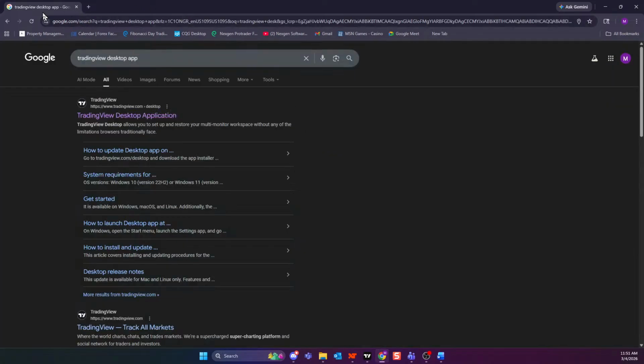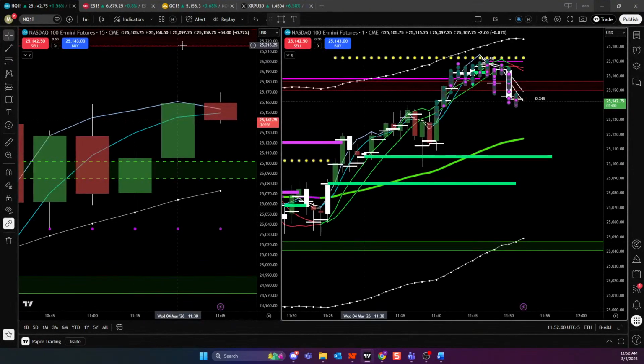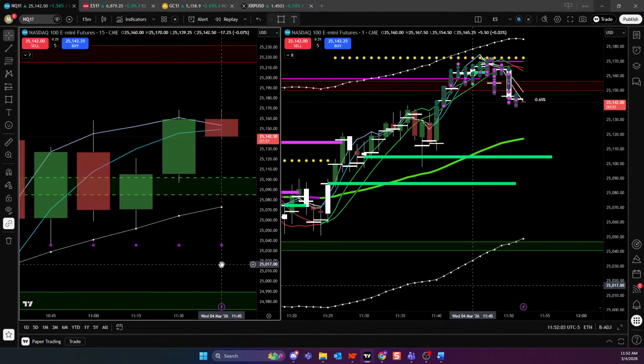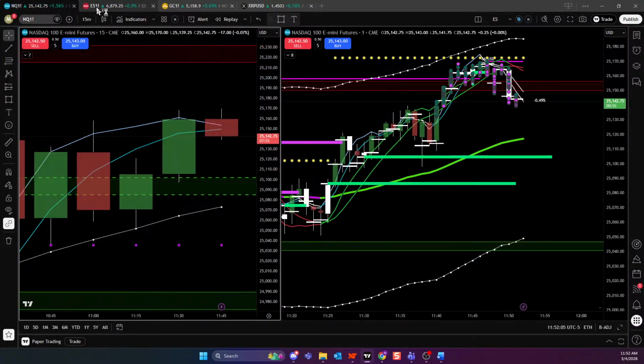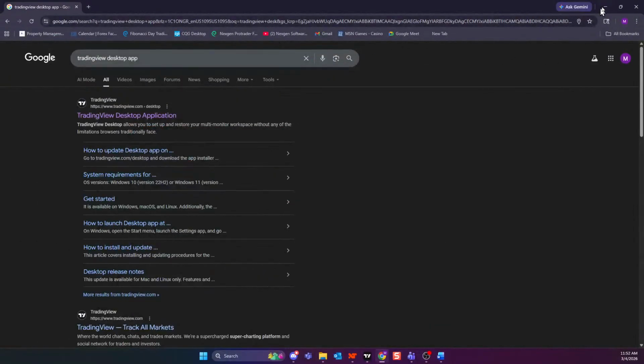So if you are, you won't see browser tabs. It'll look like this. So if you want to add a chart, all you have to do is click the plus button. You have tabs? Okay. So do this. Let me go back and see if we can do this real quick.